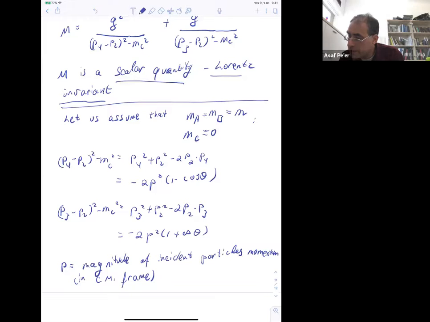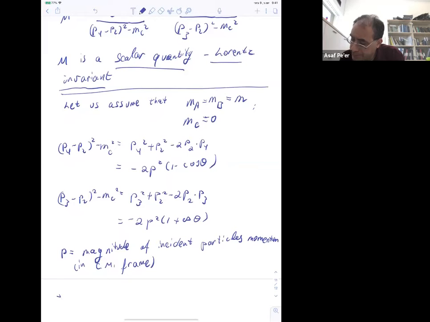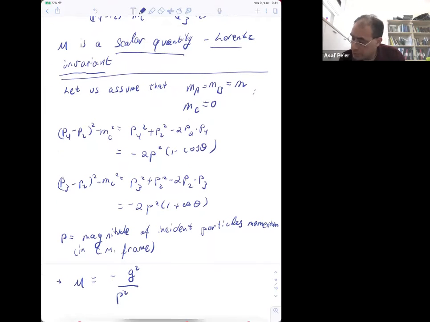So if you plug it into the result for M, then we end up that M is simply minus G squared over P squared sine squared theta.